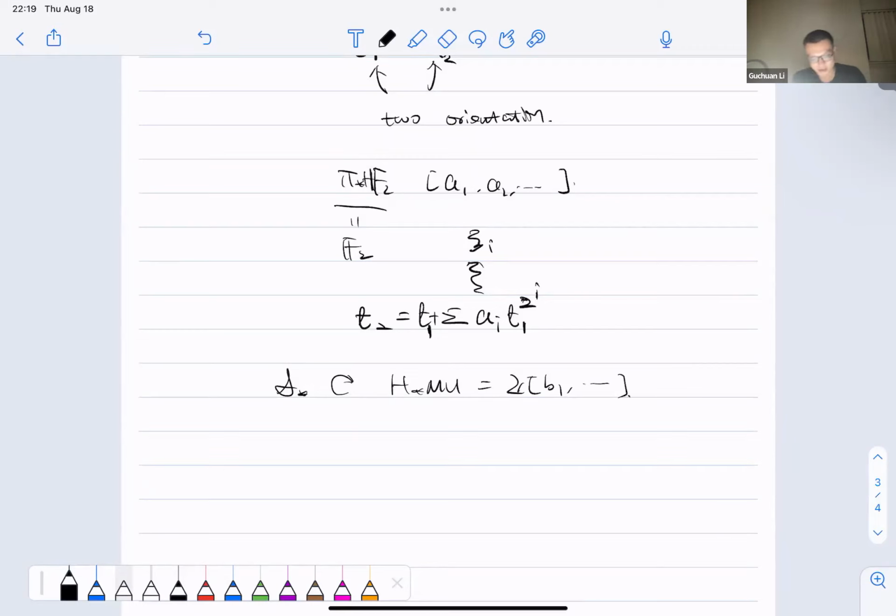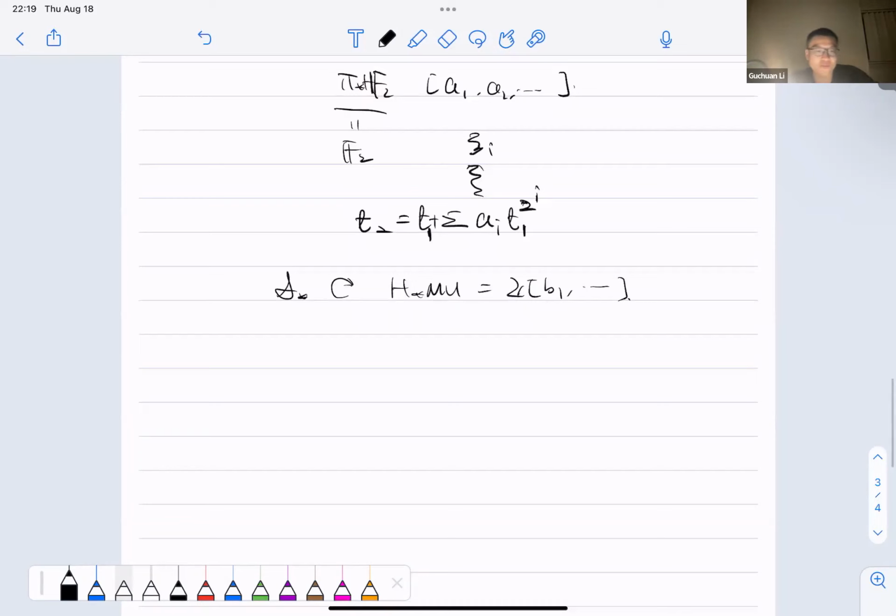Well, A is the automorphism of the additive formal group law, so it can purely act on the H part, but that's not what we want. So here we need something geometric, not purely from the algebra. So if you want to figure out, yeah.